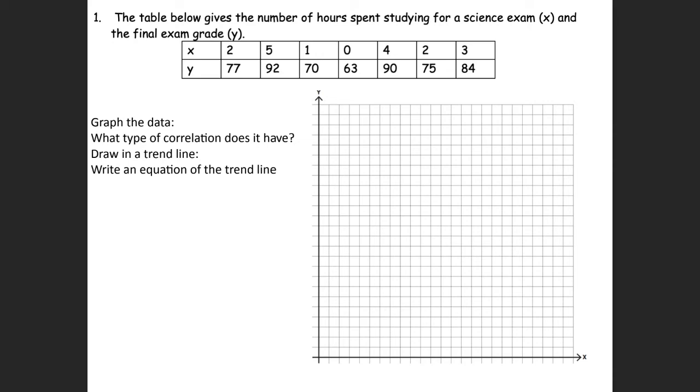So this axis here is going to be number of hours spent studying. Okay, and I'm going to put, this is going to be 0. I'll put 1, 2, 3, 4, 5, 6, 7, 8. And on this axis, this is the exam grade.